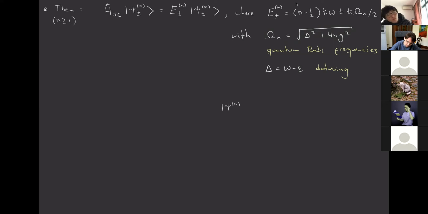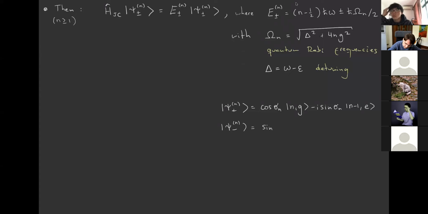So the eigenvector psi plus, associated to the subspace with n excitations, you can write just as a superposition of these states n, g, so the atom is in the ground state, and this is a theta, and the atom is in the excited state, so n minus 1 excited. So in both cases, of course, the psi minus and the psi plus.